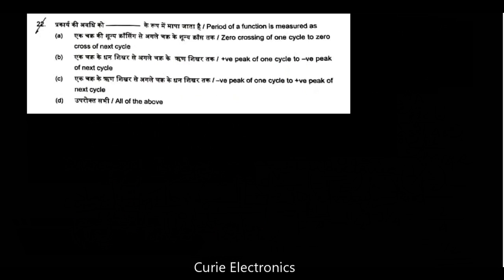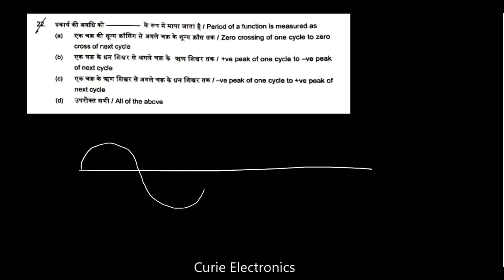Question number 22. The period of a function is measured as... What does that mean? When you measure waveforms using an oscilloscope, how do you take the period? Let us take one example, a sine function.